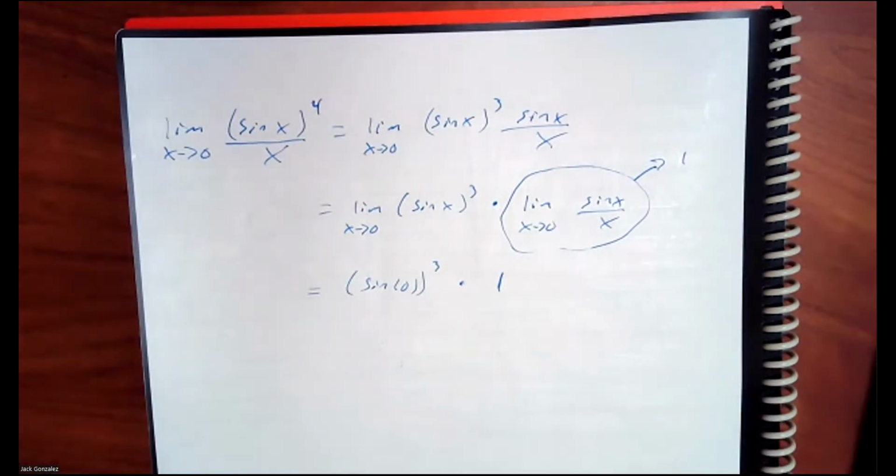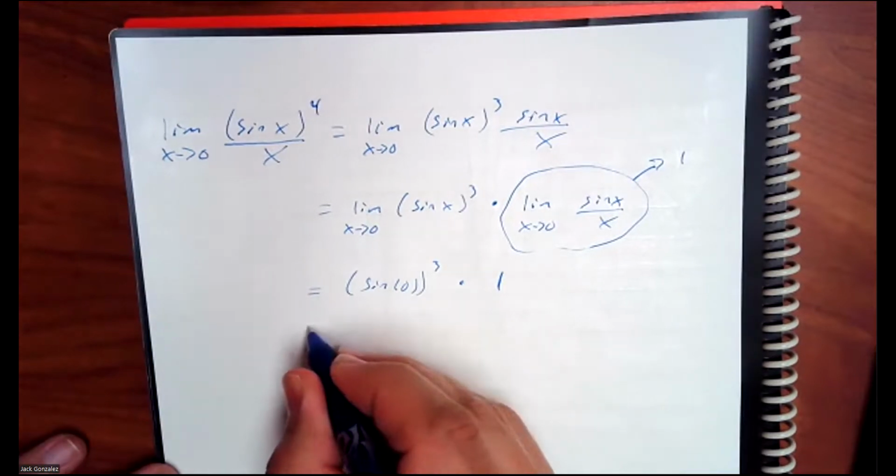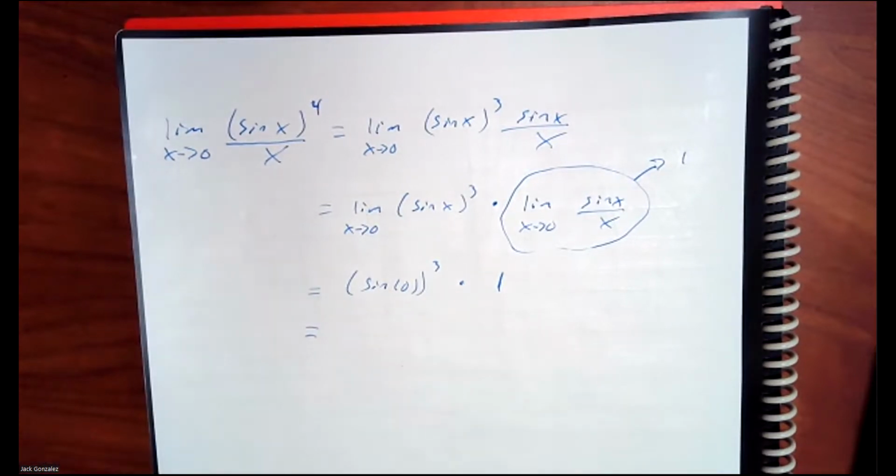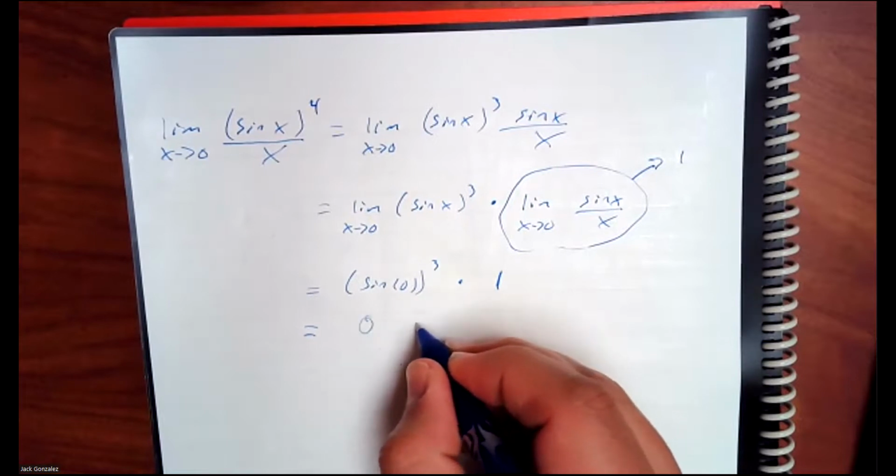What is sine of 0? The y value would be 0 because it's on the x-axis. So if this unit circle starts here and goes around, this has to be 0, so this becomes 0 times 1.